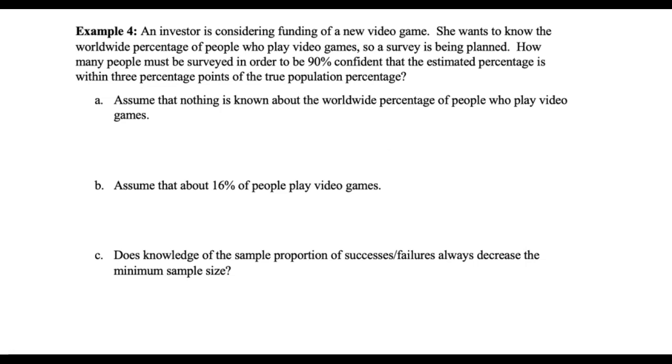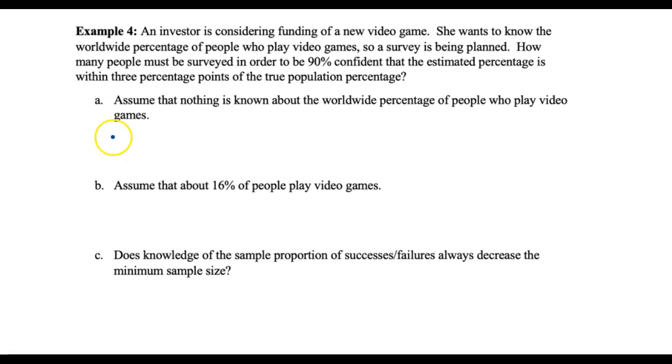And so let's go ahead and do an example of this. An investor is considering funding of a new video game. She wants to know the worldwide percentage of people who play video games, so a survey is being planned. How many people must be surveyed in order to be 90% confident that the estimated percentage is within 3 percentage points of the true population percentage? We've got a few things here.